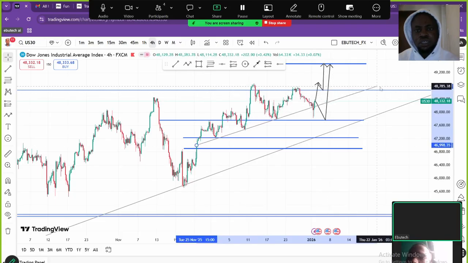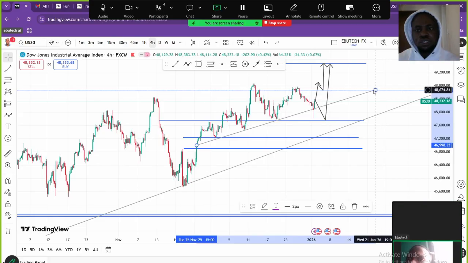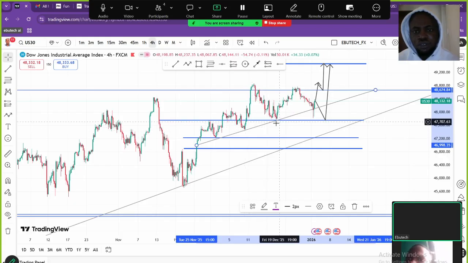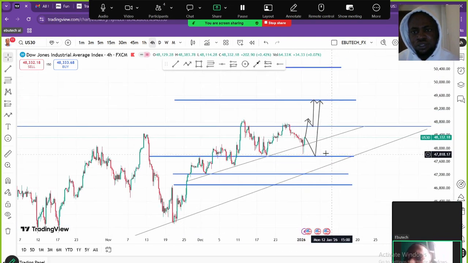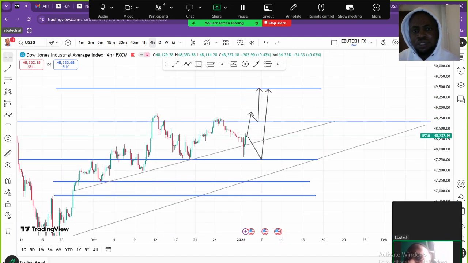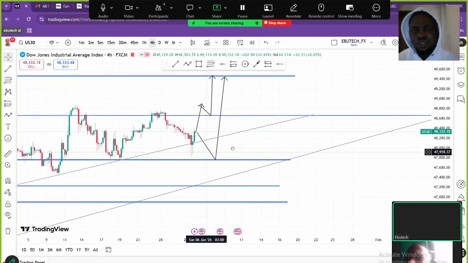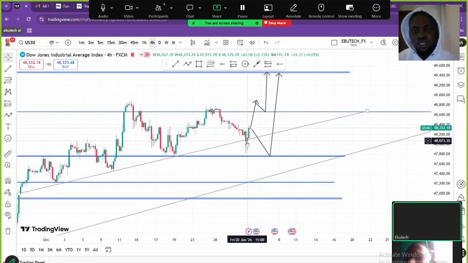Do you understand? Do you see that there is a first touch here, second touch here, and the third touch here? And you see that once it gets to this third touch, fourth touch, the market reacted. Did you see that the market reacted from here? It couldn't push down.